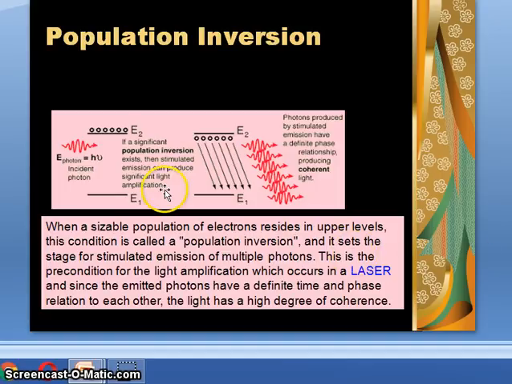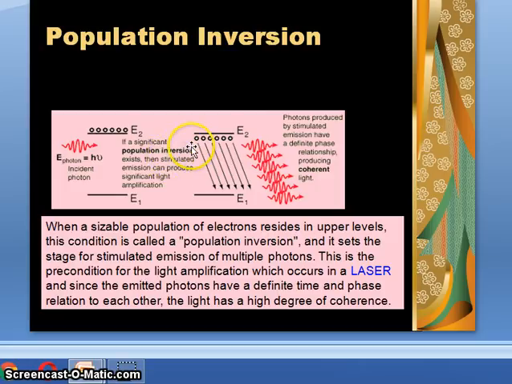Population inversion. There are two levels, E1 and E2. E1 is the ground state and E2 is the excited energy state. When a photon of energy h nu is incident on the system, the electron absorbs this photon and goes to the higher energy state E2. E2 is the metastable state. The electrons are trapped in the metastable state for 10 to the power minus 3 seconds.